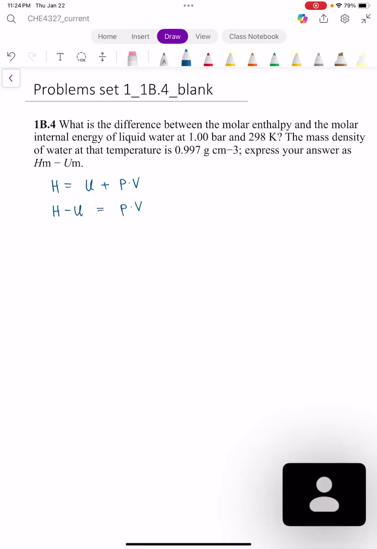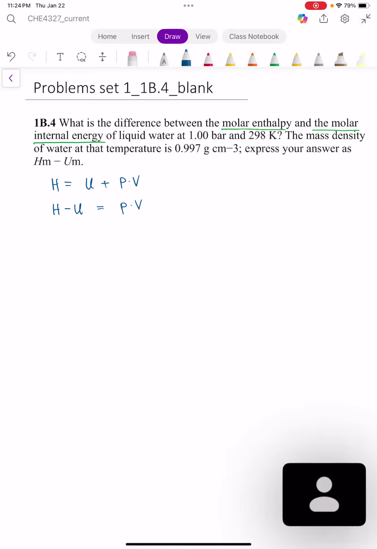Here the question says molar enthalpy and molar internal energy. Those are none other than enthalpy and internal energy per mole of a substance. So you can get the HM by taking the total H and dividing by the mole of the substance.